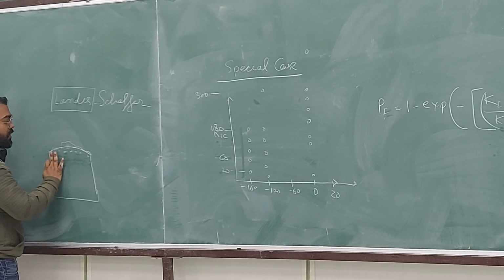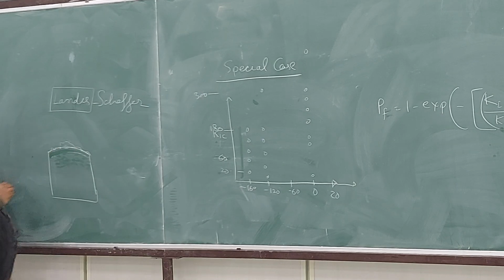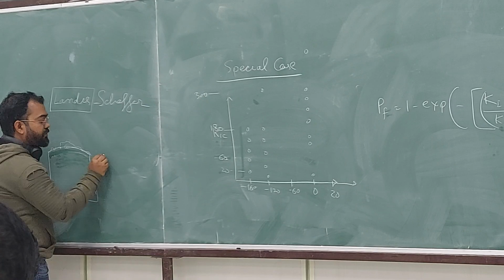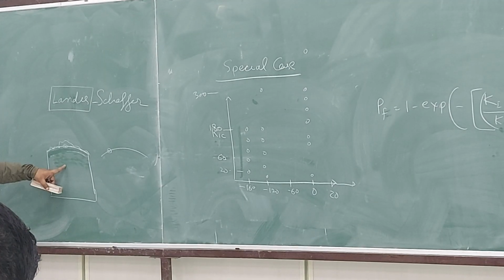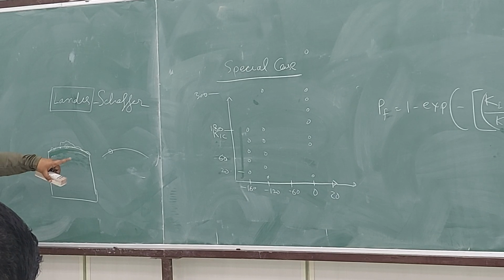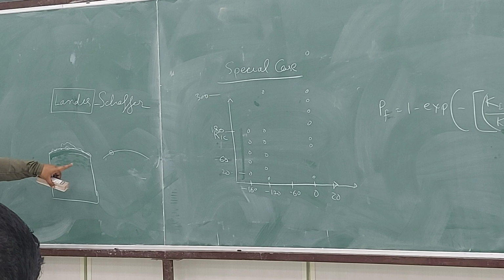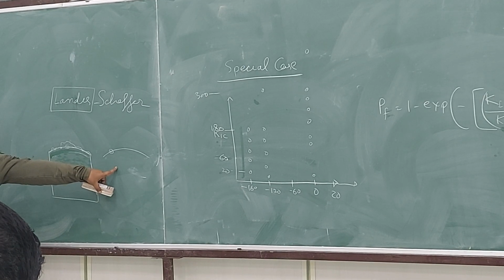If you have on the crack front 1, 2, 3, 4, 5 of these particles, in comparison to a situation where you have only one particle, this will break first, that will break later, because the increment in local stress created by 5 particles will be more in comparison to one particle.